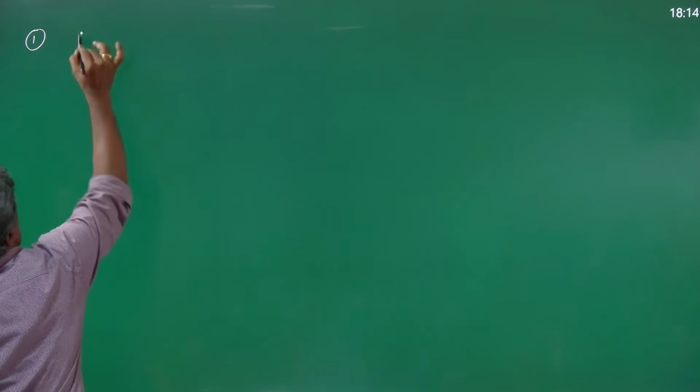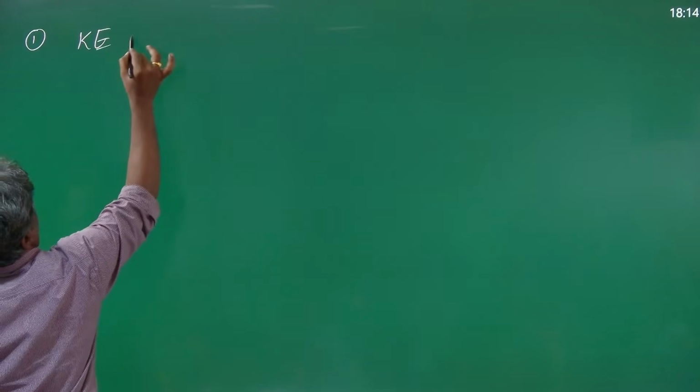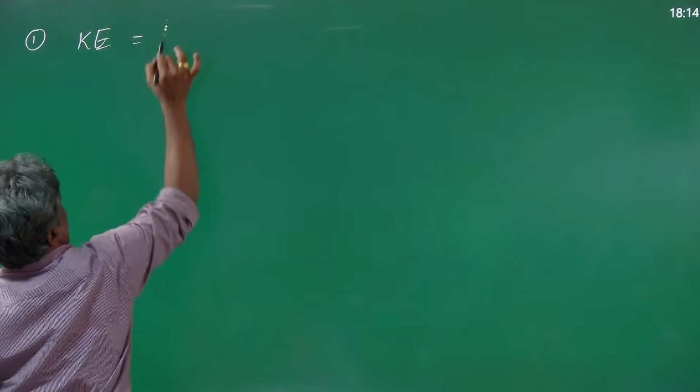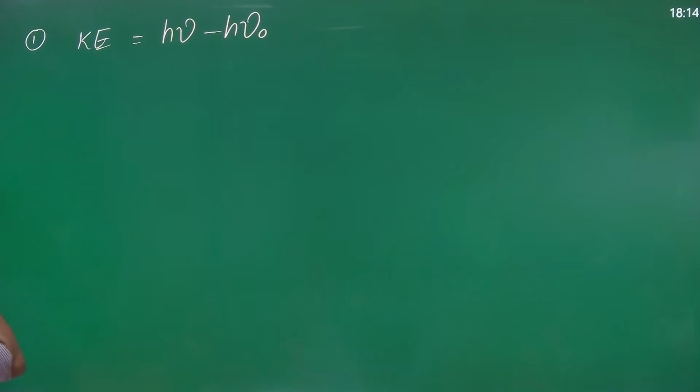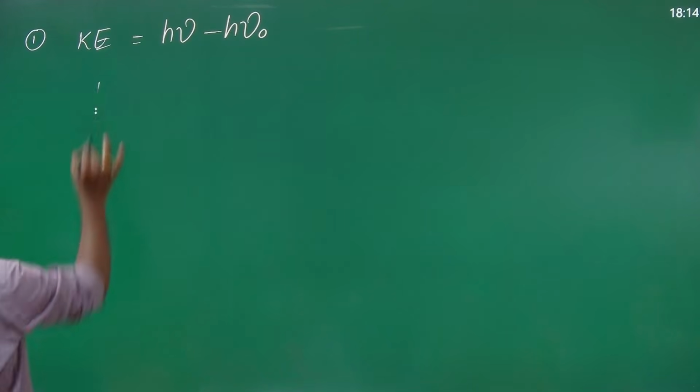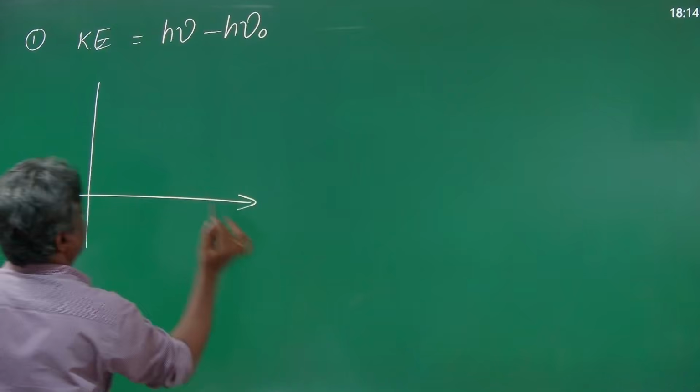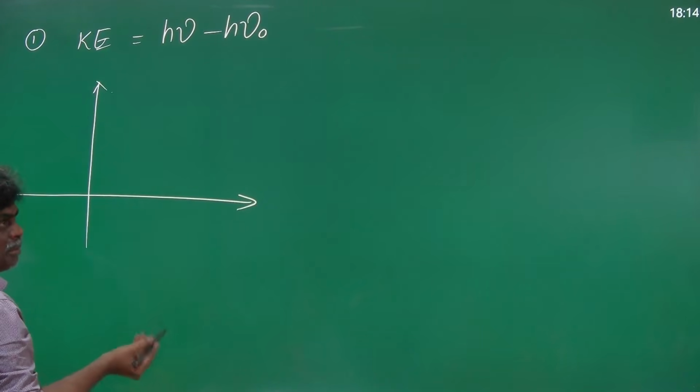Now ready, this is also interesting. Here I have kinetic energy of the electron, which is h nu minus h nu naught. All of you please listen. Now here I have taken a graph, very important.